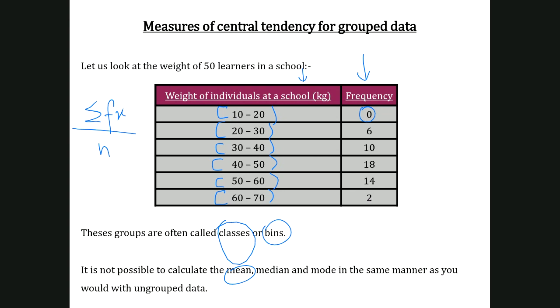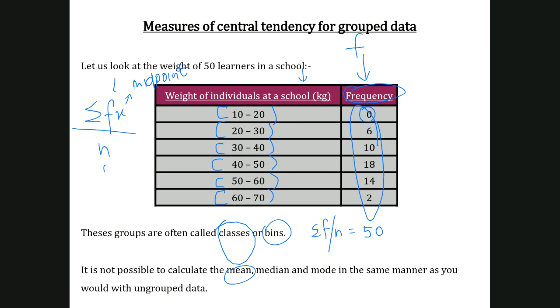X is here, your midpoint, and I'll show you in a minute how to calculate it. F is the frequency that you have here. N is the sum of your frequencies. So when you sum up these frequencies, it gives you a total of 50. This is known as the value of n, your sample size, or the sum of your frequencies.